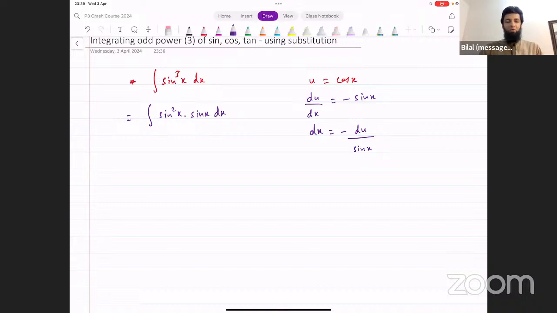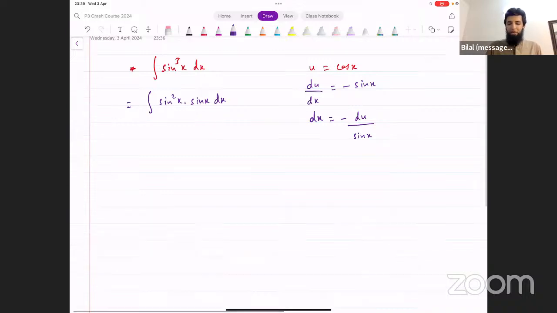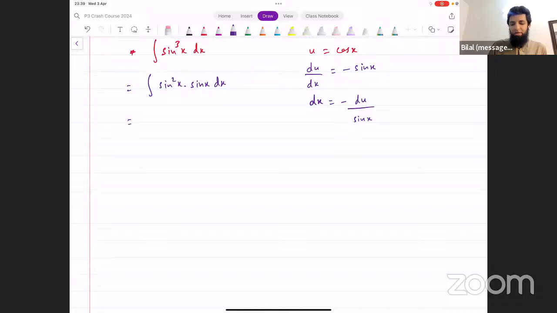Sine cube x could be broken down into 2 parts like this. Now, what is sine square x? Sine square x can be written as 1 minus cos square x. And now you could use that substitution here, because now you've got a cos x term as well.